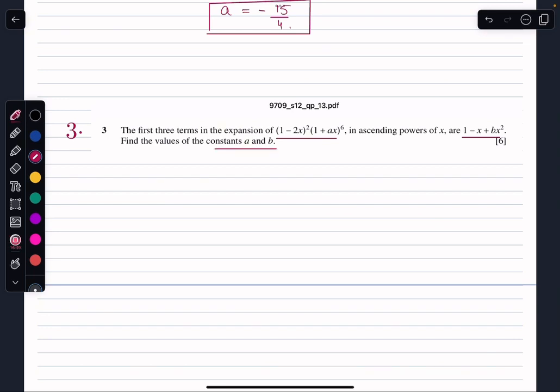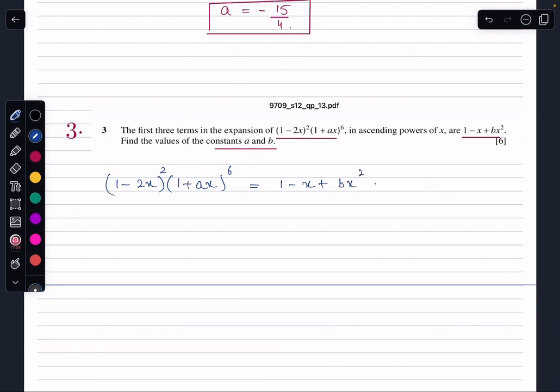So here they have already given us the coefficients. In this question, they have already given us the expansion for the two brackets, which are 1 minus 2x the whole square times 1 plus ax to the power 6. And here it should be equal to 1 minus x plus bx square.